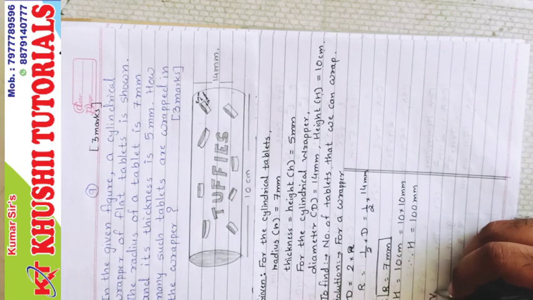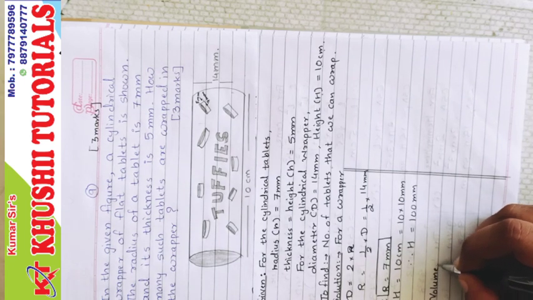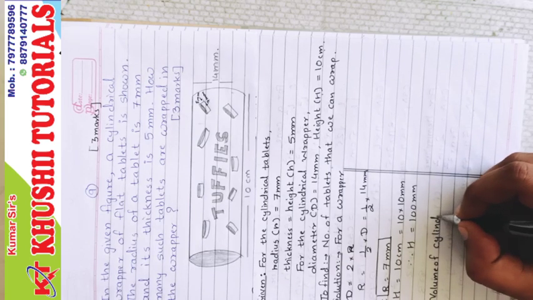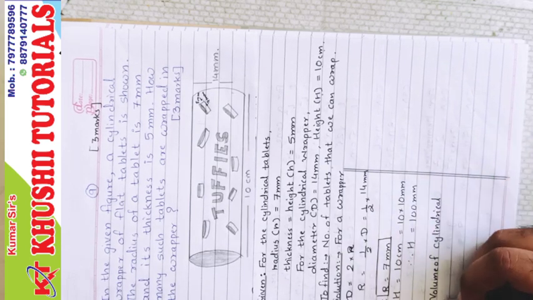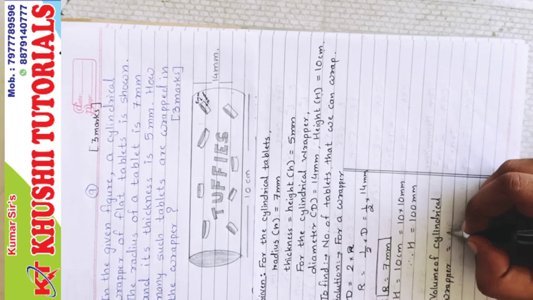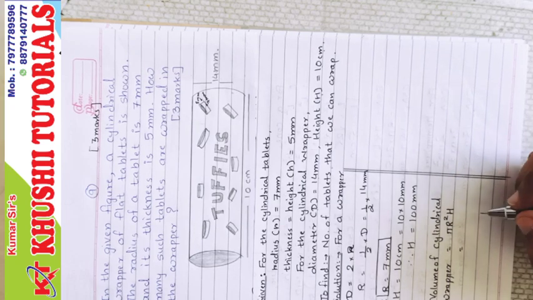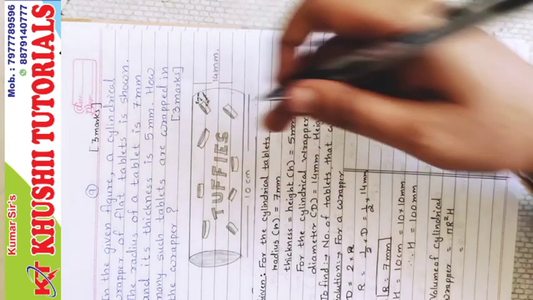So volume of cylindrical wrapper. The volume of cylinder is pi r square h. I have purposely written as a capital because we know it is the bigger one.